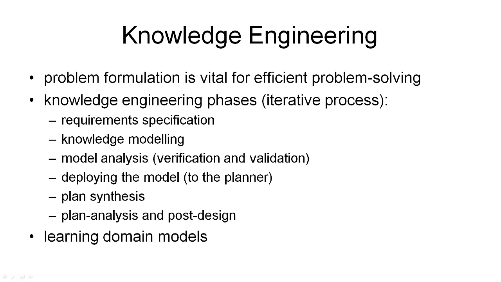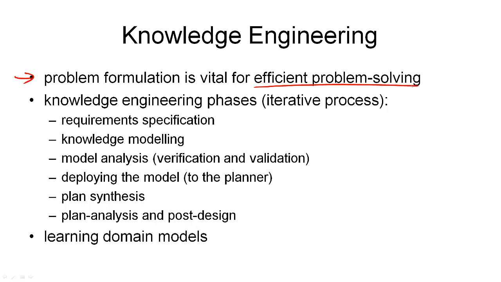And this involves the problem of problem formulation that I've already talked about when I introduced you to the missionaries and cannibals problem. And problem formulation is really vital for the efficiency with which we can do problem solving. If the operators we choose to represent contain too much detail, then the state space can explode exponentially and we cannot solve problems anymore.